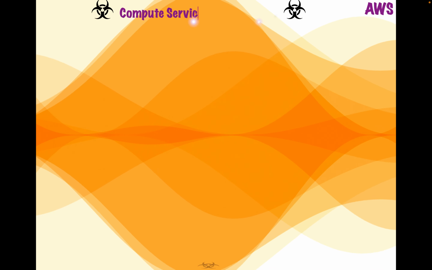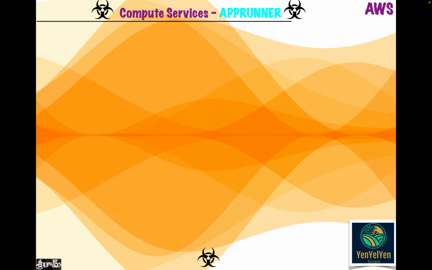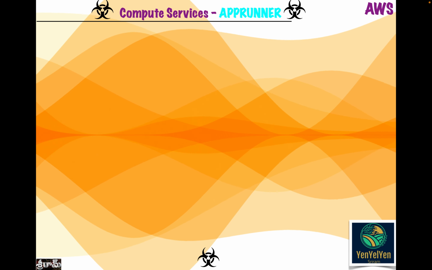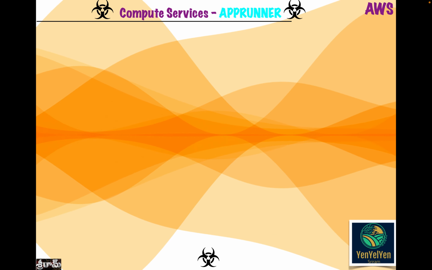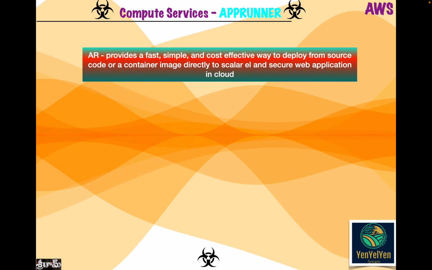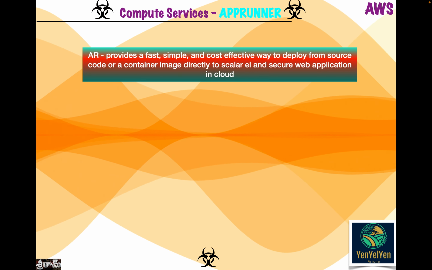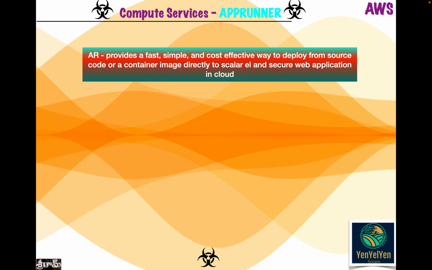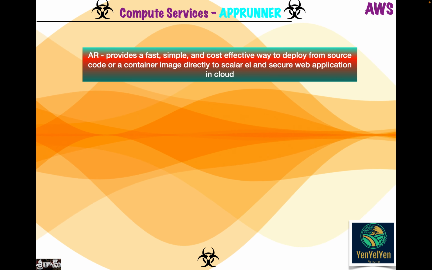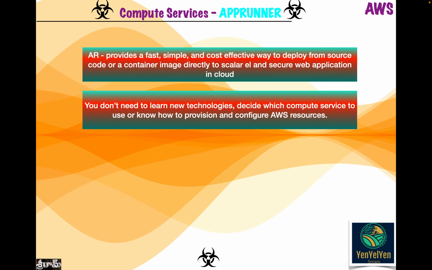The next service is App Runner. App Runner is a compute service as well as a container service. AR provides a fast, simple, and cost-effective way to deploy from source code or a container image directly to a scalable and secure web application in the cloud.